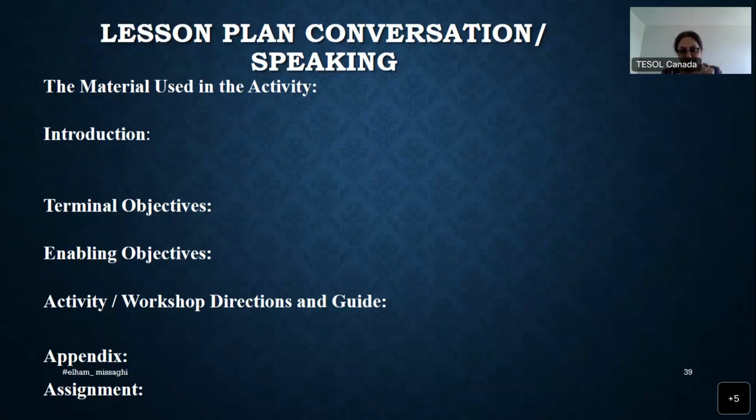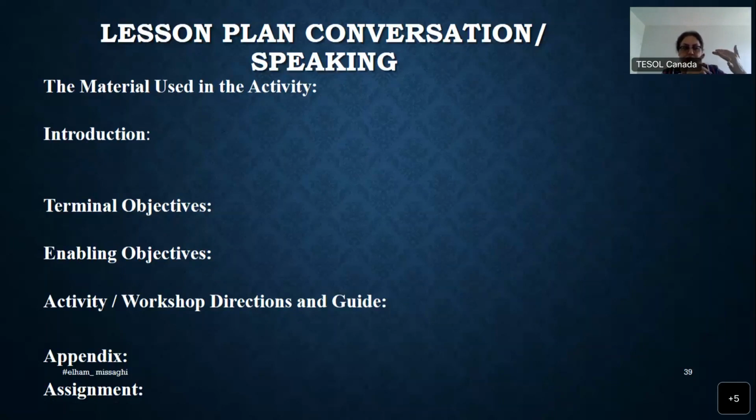For a conversation activity, for example, the topic is job interview, okay? So what is the terminal objective? Students will be able to interview each other for a job, for working in a school, for example. Enabling objective: here is the list of the new words.